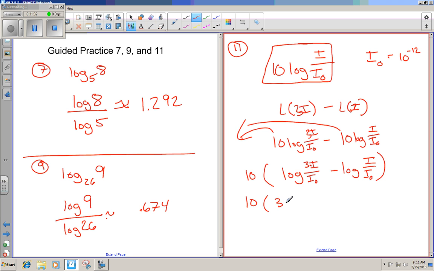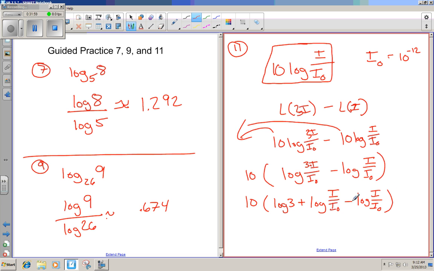So you can make this log 3 plus log I over I sub 0 minus log I over I sub 0.